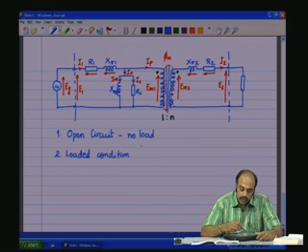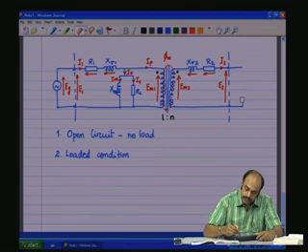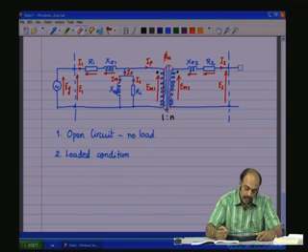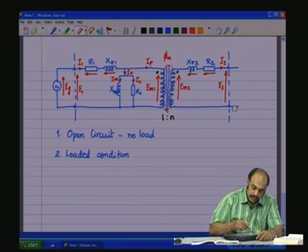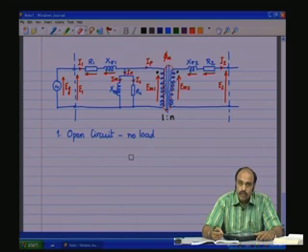So, under no load, the secondary load is removed. The secondary is open circuited. Under loaded condition, the load is connected across the secondary terminals. Now, let us take the case of open circuit condition, which is the no load.